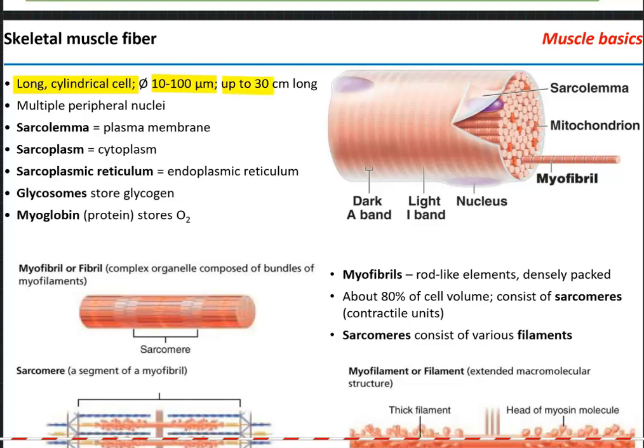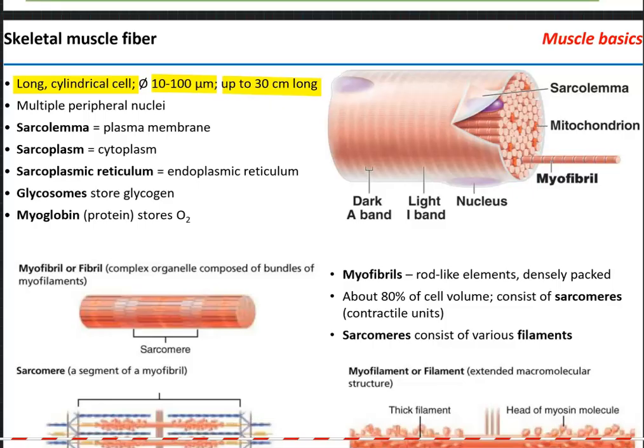It can be very long, up to 30 centimeters. Imagine the human sartorius muscle, which is located in the anterior aspect of your upper leg. It's the longest muscle in the human body. It's about 30 centimeters.